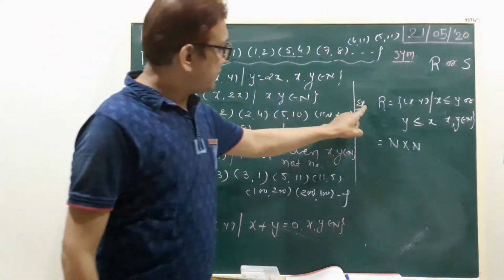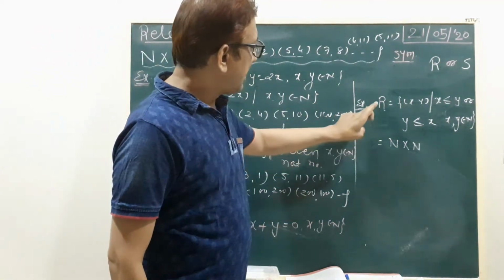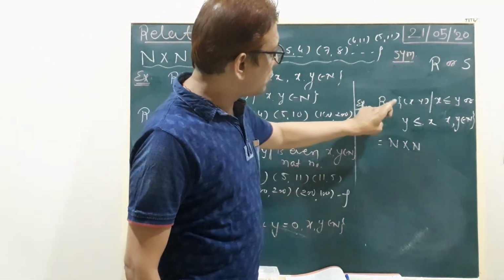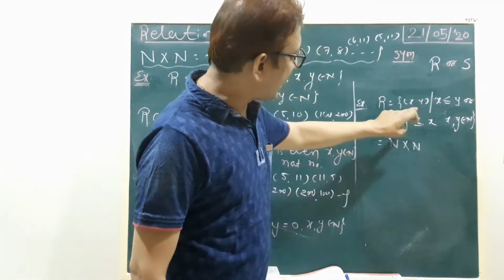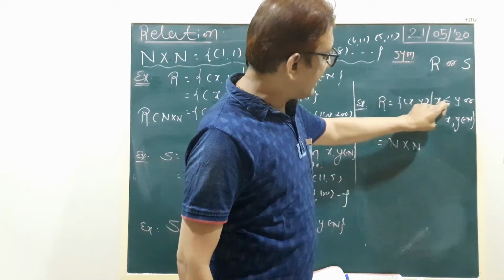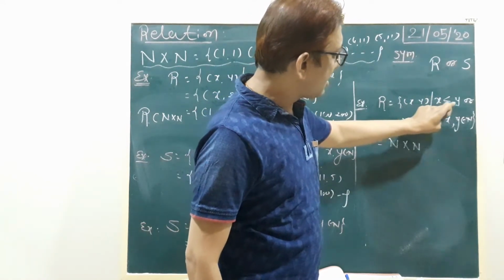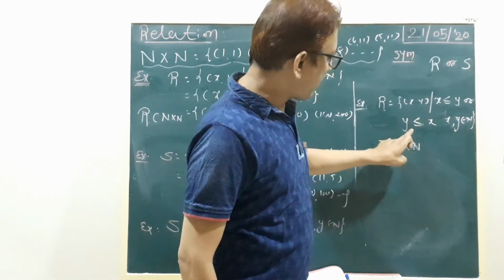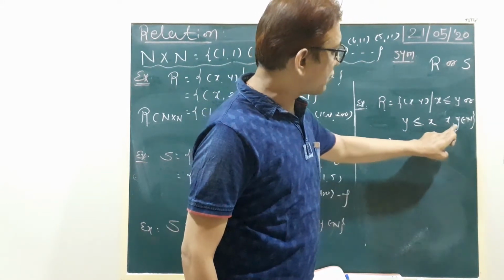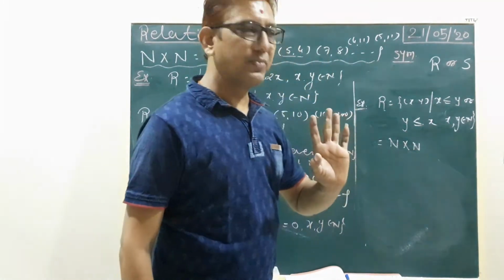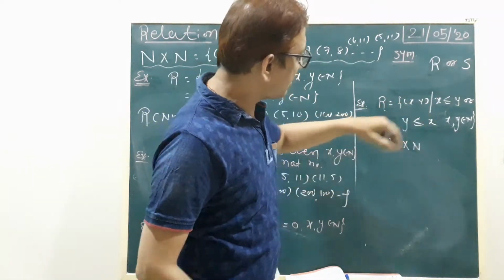Okay. Next example. R equal to the set of (x, y) such that x less than or equal to y or y less than or equal to x, where x, y belong to natural numbers. What's the meaning of this condition?